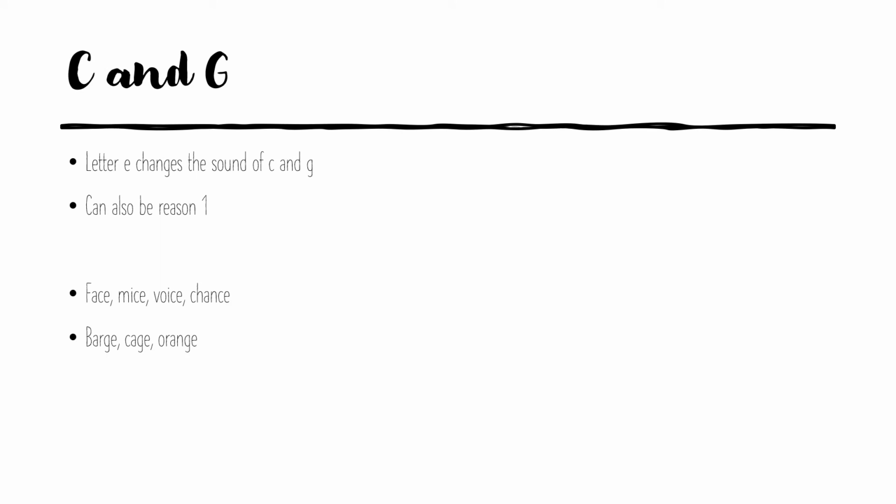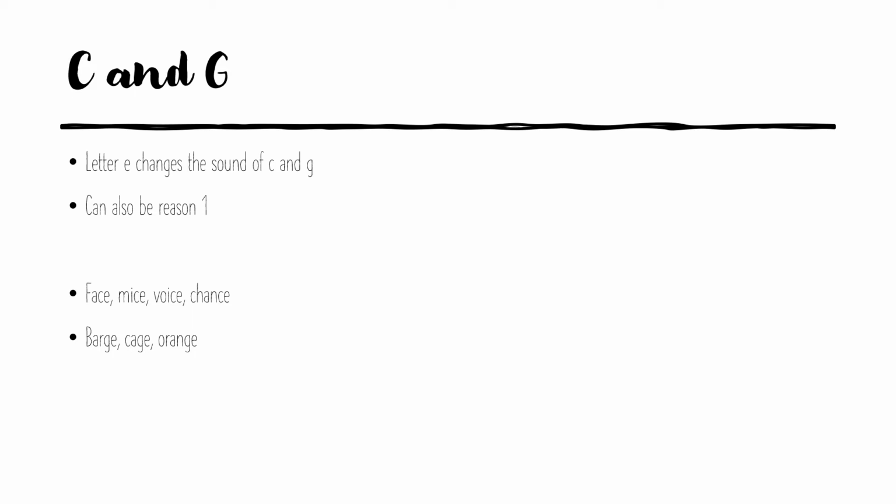And C and G, I think, is a rule we've also looked at previously. So the letter E following a C or a G will change its sound into an S or a J. And it can also be reasoned to one at the same time. So in face, it's actually both the split digraph, the first rule, and it's also then the C and the E working together on the end. Same in mice, whereas in voice, it's only just the C and the E working together.